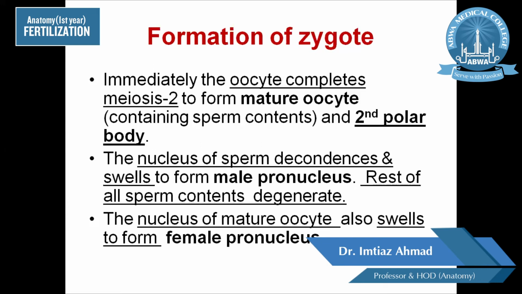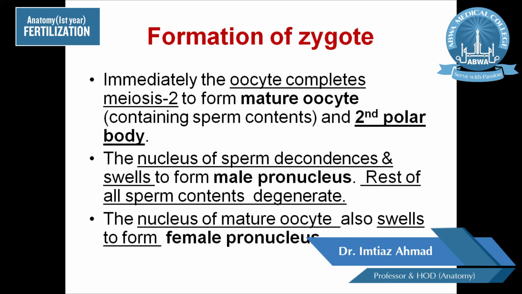So immediately, when the sperm contents have entered the cytoplasm, the secondary oocyte would complete meiosis II to form a mature oocyte, which would have 23 chromosomes, single structured chromosomes and one nDNA, and the second polar body. So the secondary oocyte immediately completes meiosis II, forming a mature oocyte and second polar body.